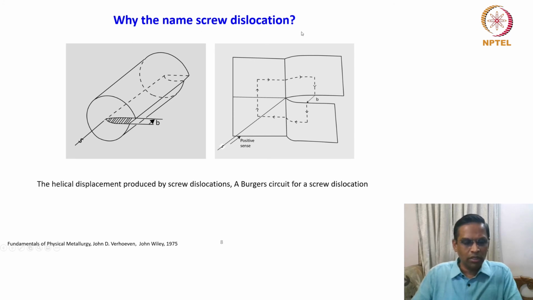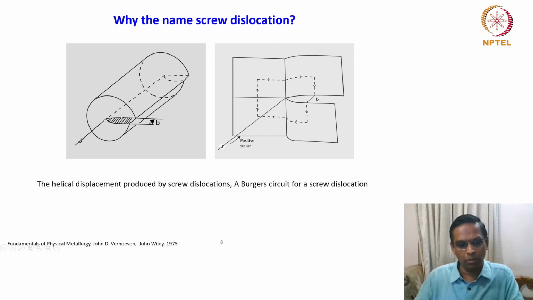And why the name screw dislocation? Because, as I just mentioned in the previous slide, if you take this cylindrical body, what is shown here is a screw dislocation with a Burgers vector B. Suppose you continue this displacement as per the screw, it will go in a positive direction and make the cylinder a screw.